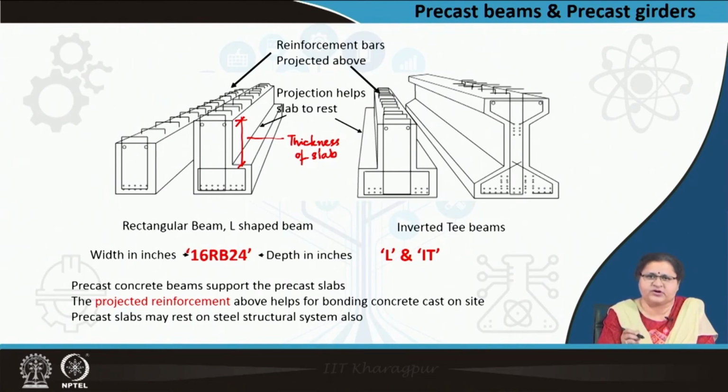Now, in the case of the short span, you had seen the reinforcement is projecting out. Here also you see the reinforcements are projecting out in all the cases. What are they doing? When the slab is placed, at the end these are to be locked, these are to be sealed.